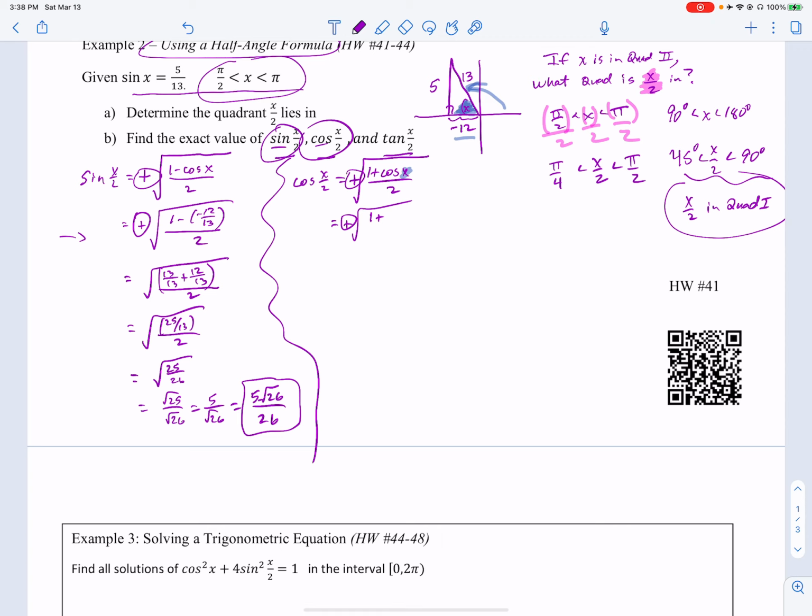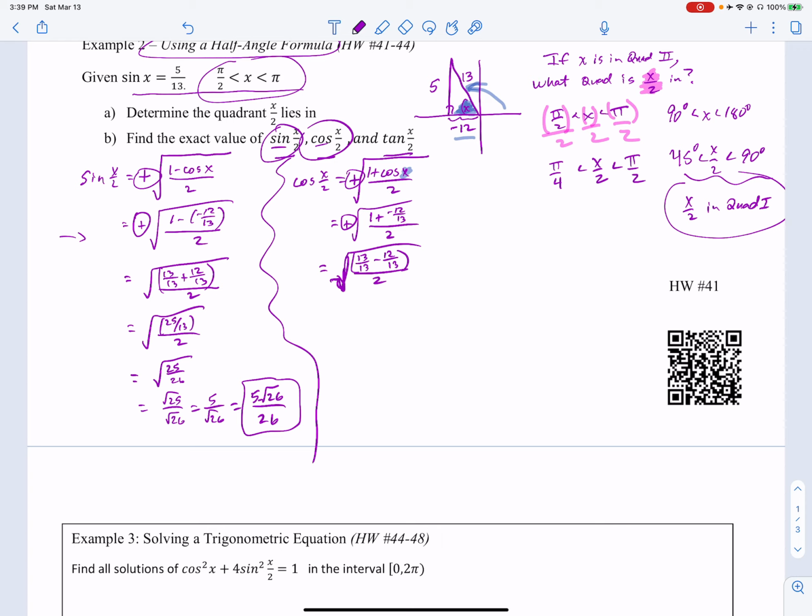So we get 1 plus that negative 12/13 all over 2, which is that 13 over 13 minus 12/13 all over 2. Again, make sure this radical, extend it if your fraction is going down further.